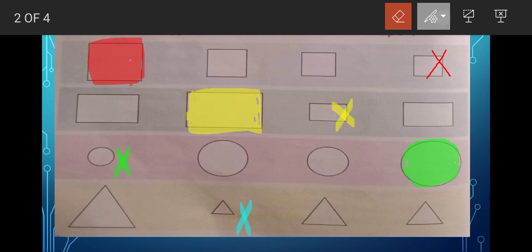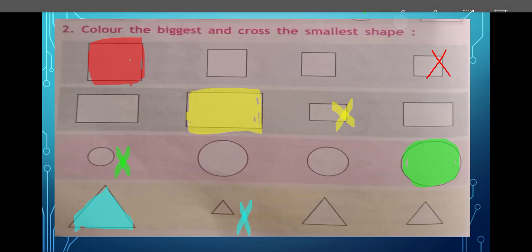Okay, so let me try once more whether I can do it nicely or not. Okay, all this much. I think now it is better than before, right? So we have done up to this much.